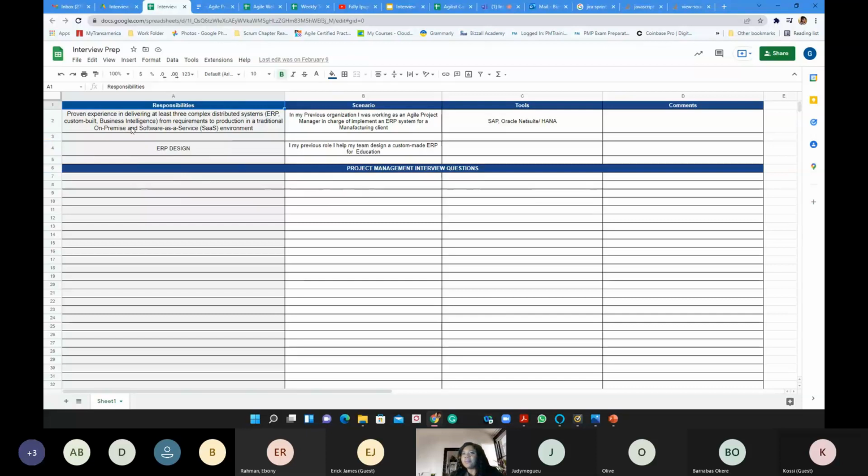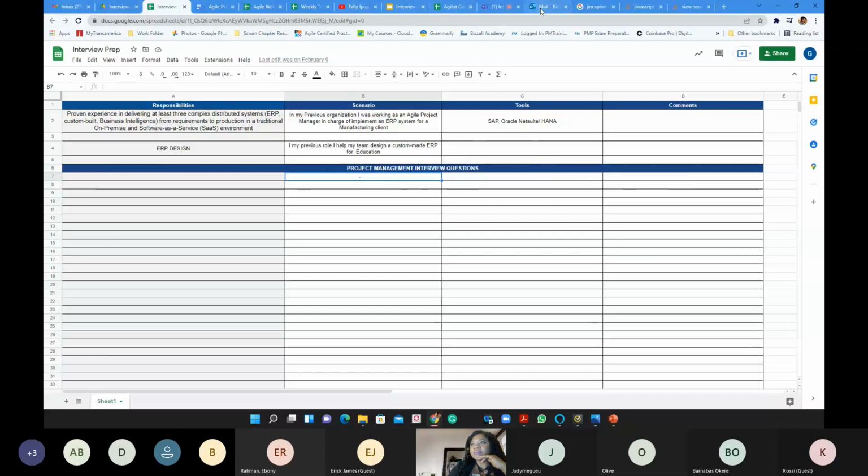So this is an example of what I always recommend. When you have an interview, use your sheet like this. You can put your responsibility and you can tell your story. You can talk about your tools and maybe make some comment. So that's what we're going to do now.